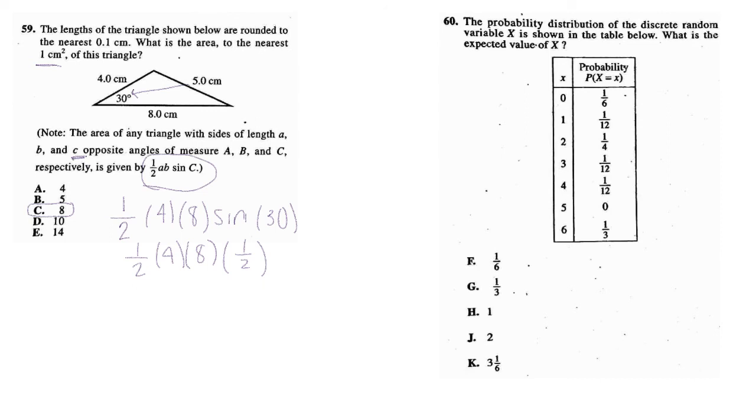Okay, and finally, number 60, woohoo! So what have we got going on with this problem? The probability distribution of the discrete random variable x is shown in the table below. What is the expected value? And expected value is starting to come up quite a bit on these tests. Expected value is not just terrible.